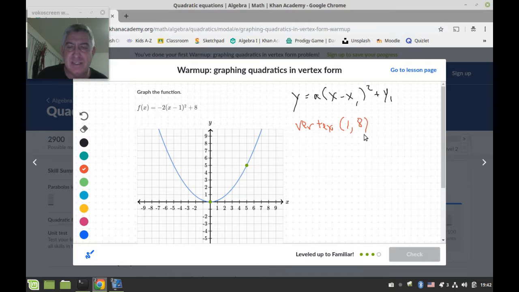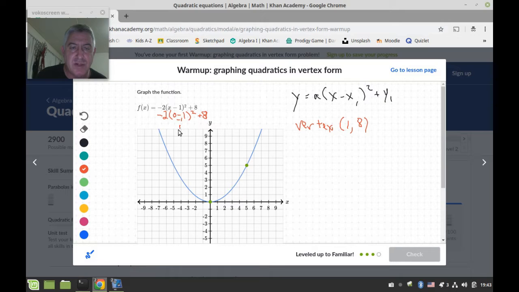And now I need to find some zeros. So I think I'm going to try to find a y-intercept here, because that's easiest for me. All right, so we'll set x equals 0: negative 2 times 0 minus 1 squared plus 8. So now I have negative 1 squared.